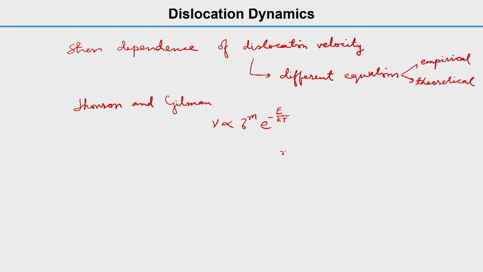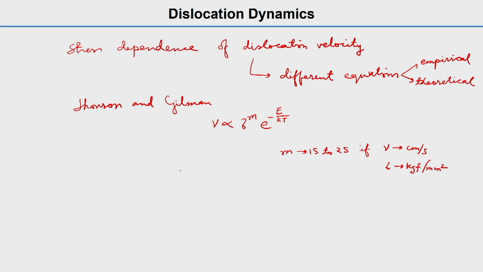In this case m is from 15 to 25 if V is measured in centimeter per second and sigma is measured in kg force per millimeter square.